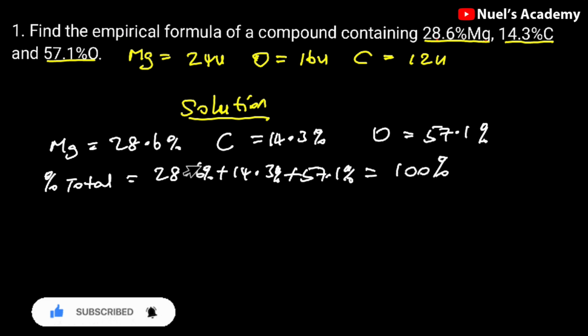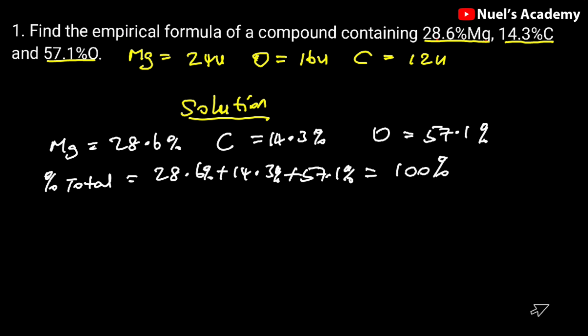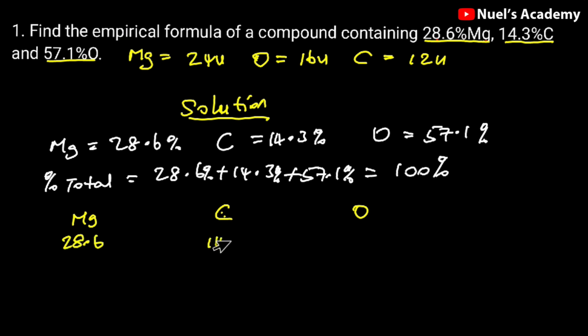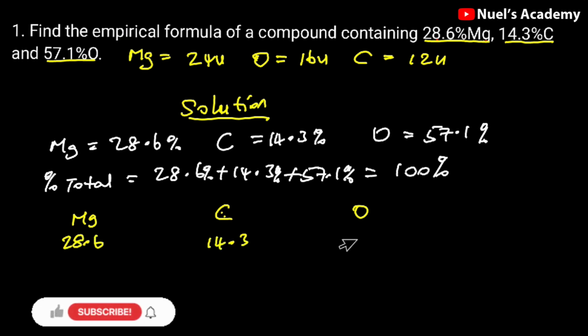So having done that, let's go ahead and calculate the empirical formula of this compound. We have magnesium, carbon, and then oxygen. Let's write out their percentages: 28.6, 14.3, and 57.1.